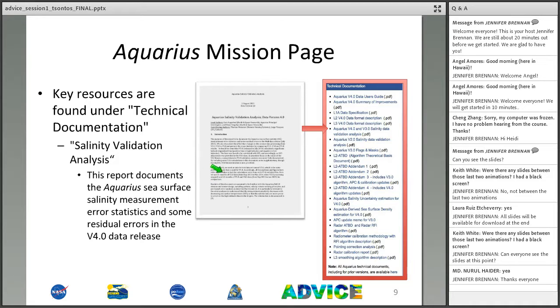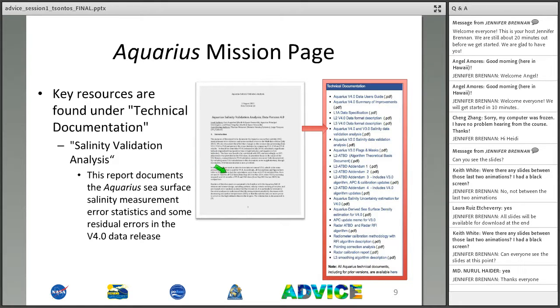The second key document that most users need to pay attention to is this Aquarius Salinity Validation Analysis document. As I said, an important part of the Aquarius data system is this data validation component and the comparison against ground truth, and in particular the Argo buoy data.